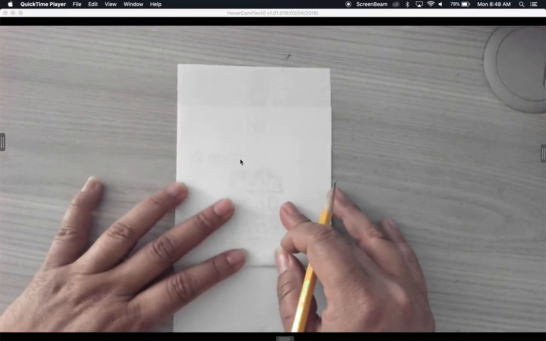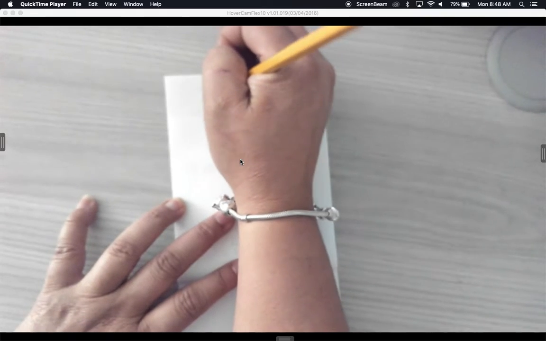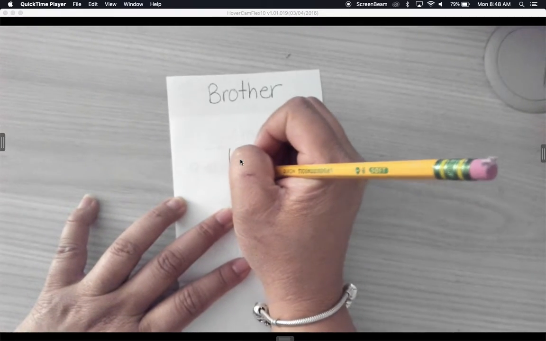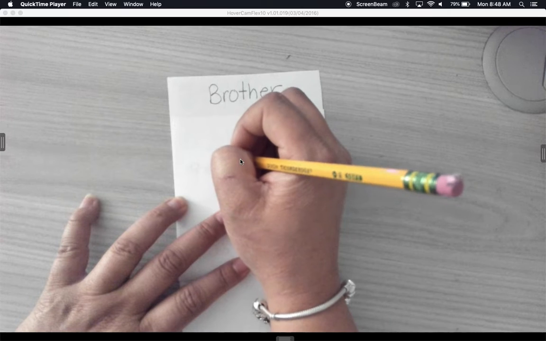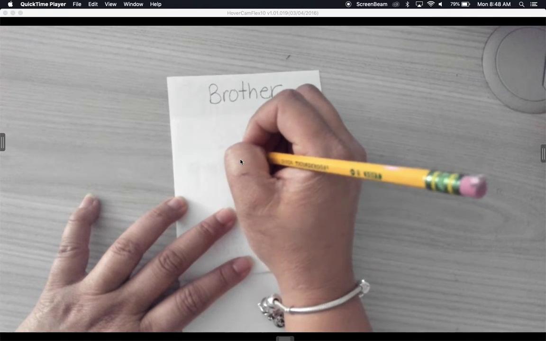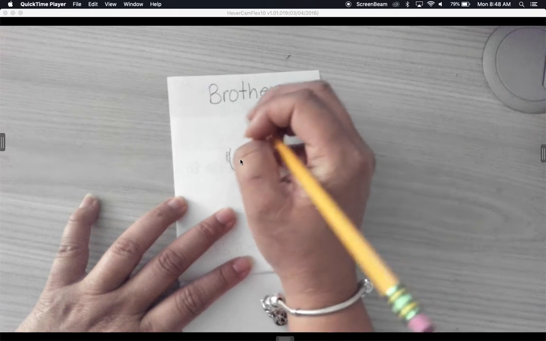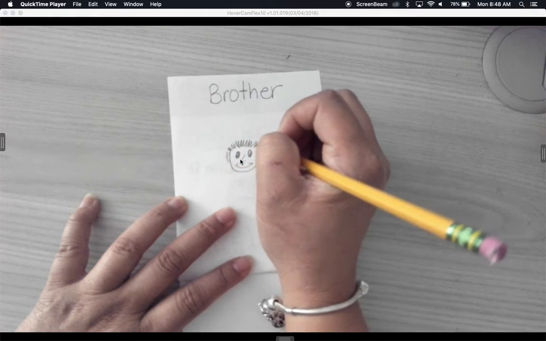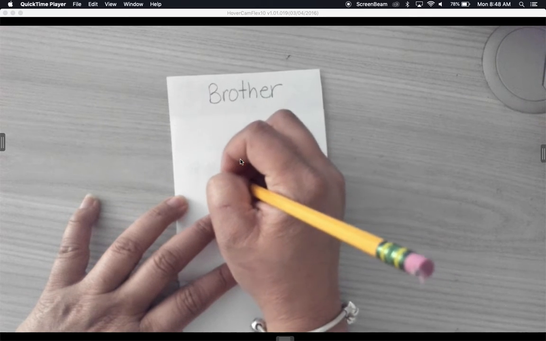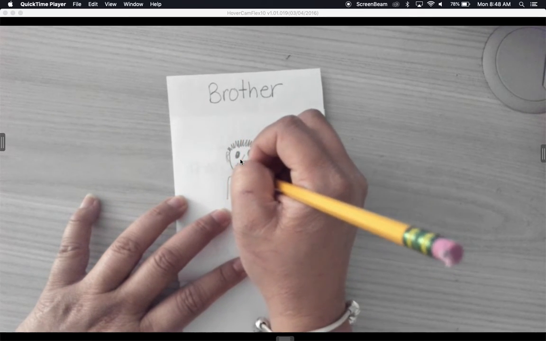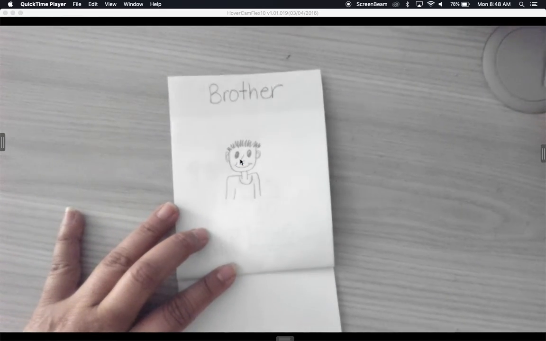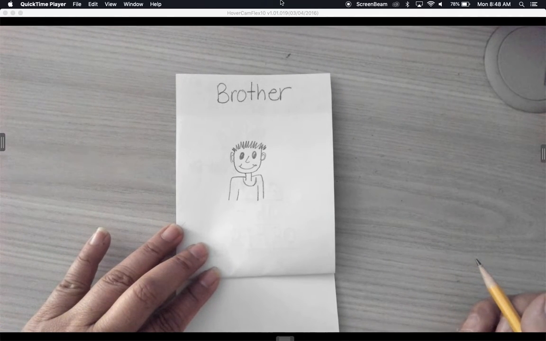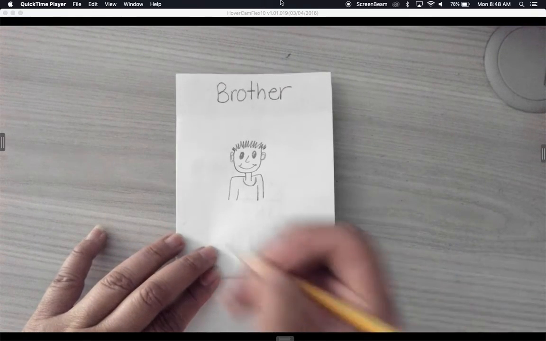And here we have brother. And brother's job is to check if there is a number to bring down.